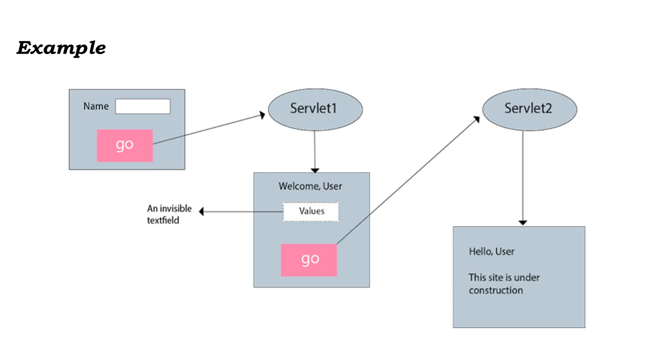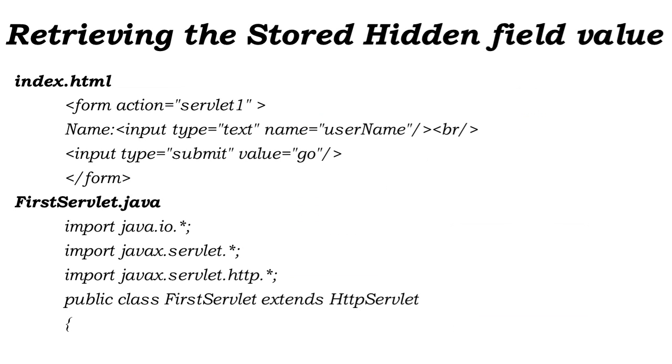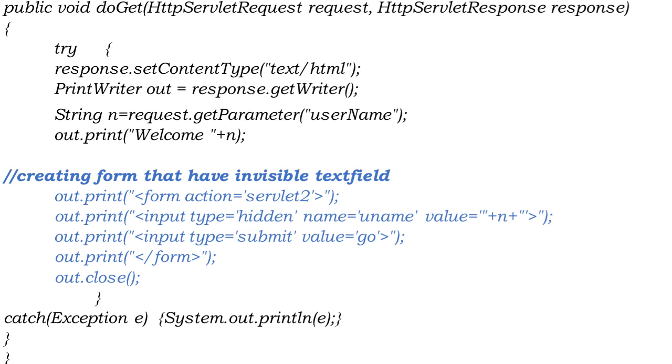In this example, we are storing the name of the user in a hidden text field and getting that value of the user from another servlet. It shows the coding involved in the hidden form field technique. In the first servlet.java, we are creating the hidden form field for storing the username.